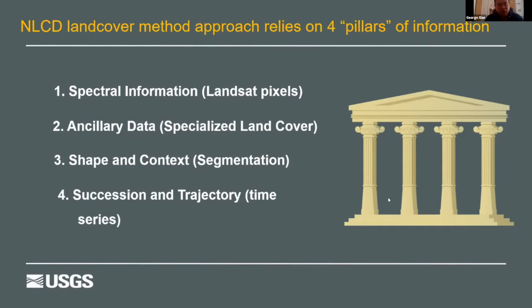We make sure our land cover change information follows the succession and trajectory orders. In that way, our database can be used to do change detection and also change comparison for the entire nation.